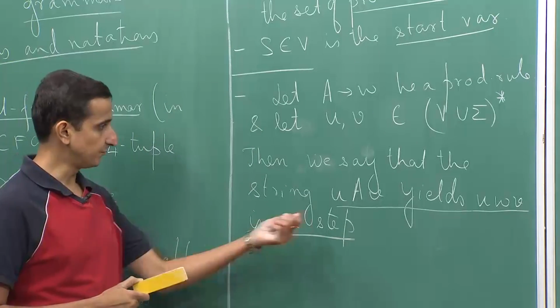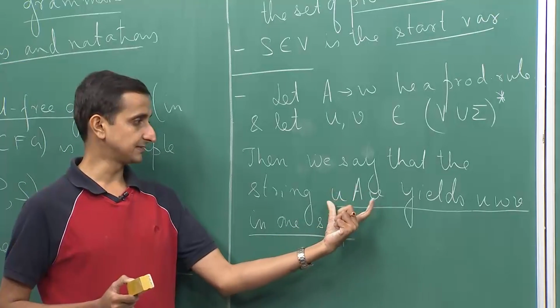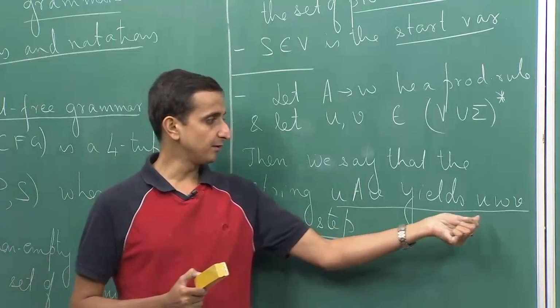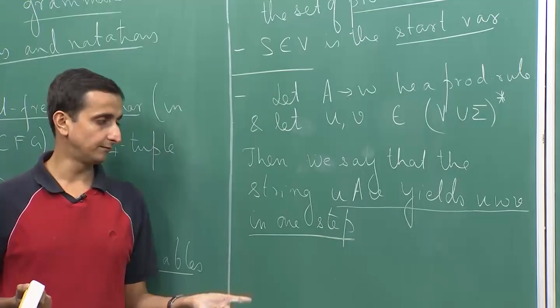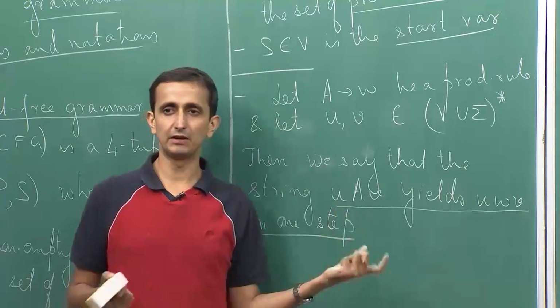Okay. So, essentially what this means is that if I have a variable in some string, let us say UAV, replacing that variable with one of its production rules gives me a certain string. So, that is what it means to say that some string yields some other string in one step.